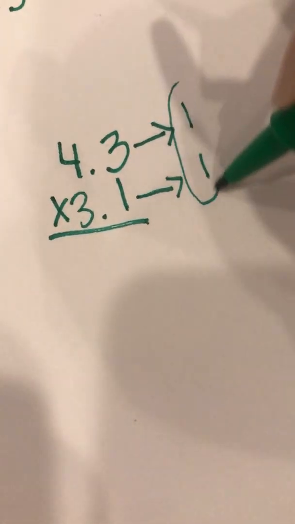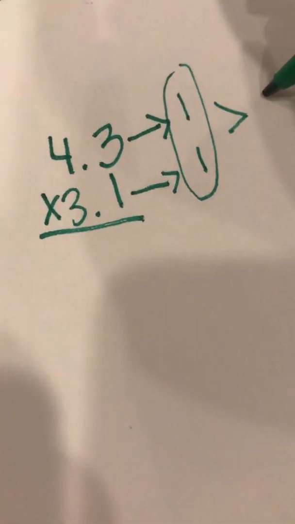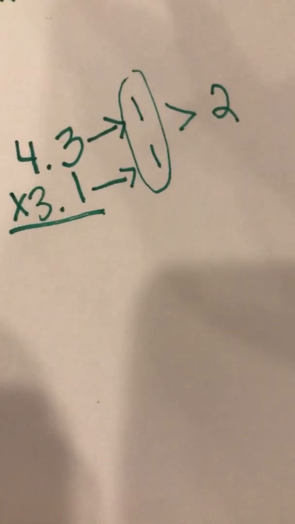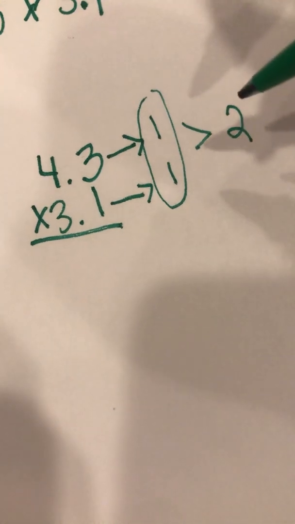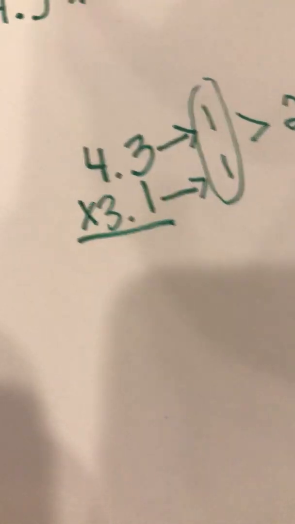How many numbers do I see behind this decimal here? I only see 1. How many numbers do I see behind this decimal at the bottom? I only see 1. So at the end, all together, that's going to make 2. So when I have my final product, I know that I need to move my decimal 2 spaces.